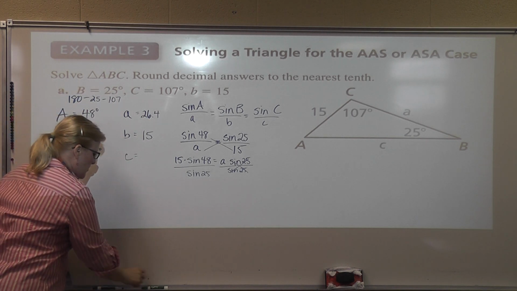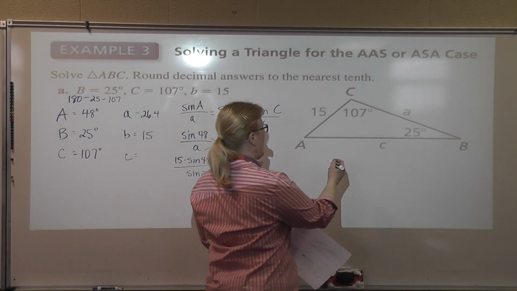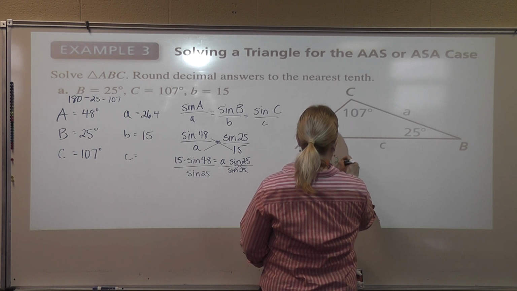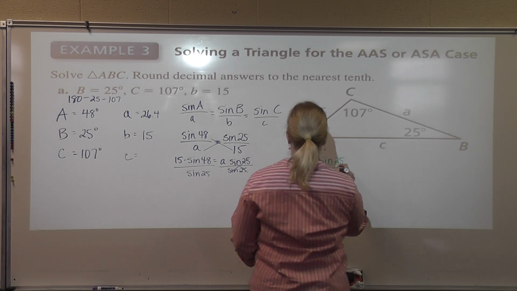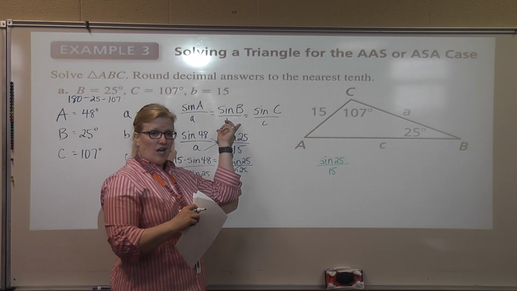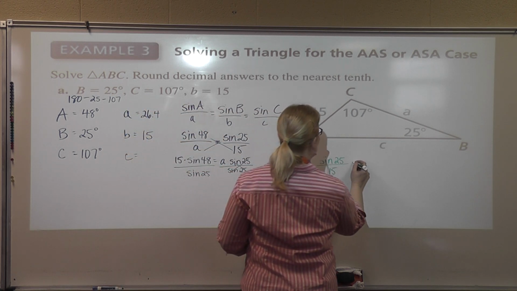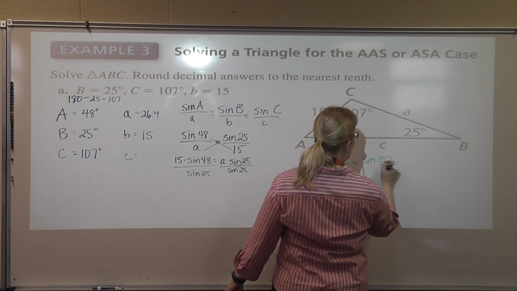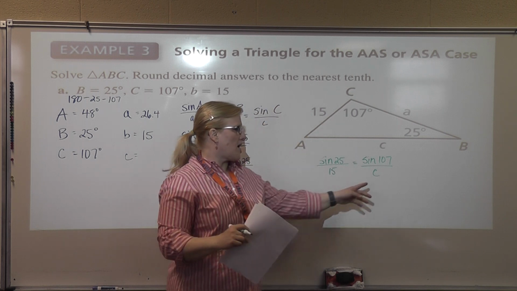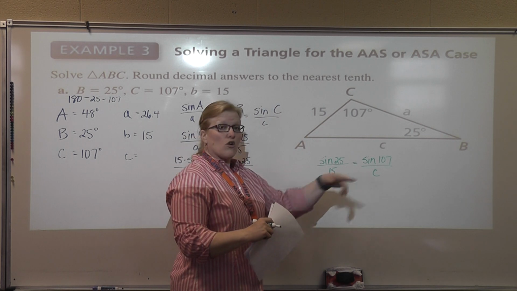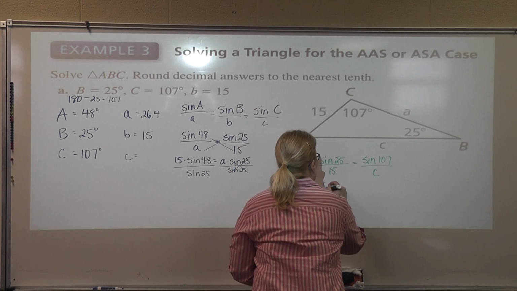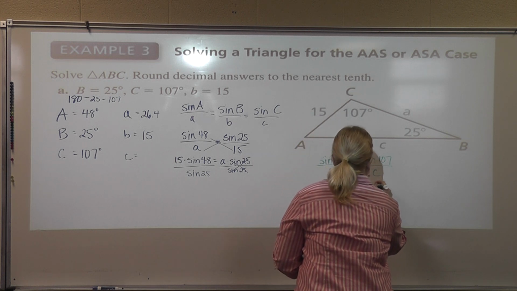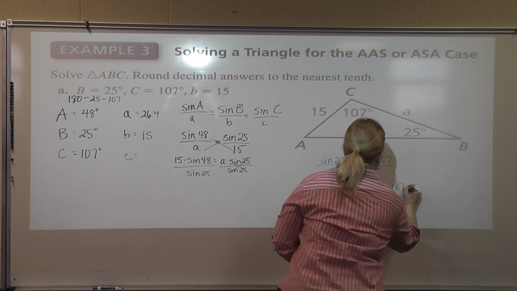All right, so now let's find C. So we have sine of 25 degrees over 15, that's B, the information that I have. And I'm going to make it equal to sine of 107 degrees over C. And there's my variable. Cross multiply again. I have C times sine 25 equals 15 times sine of 107.